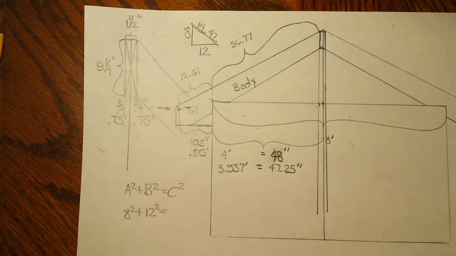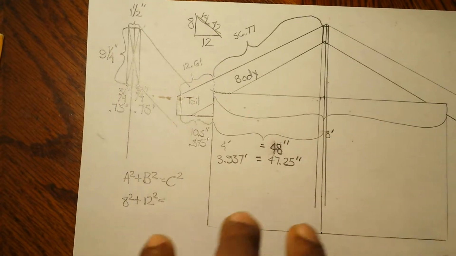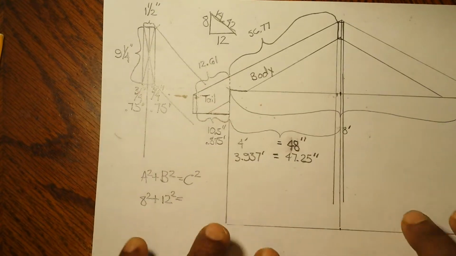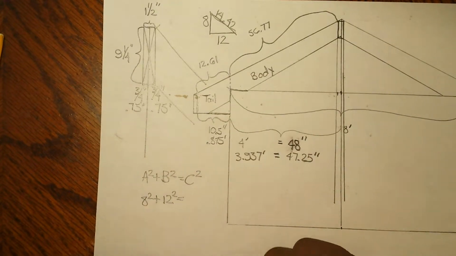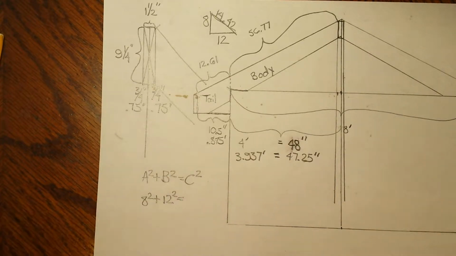So I'm going to make another video, and I'm going to continue this part that I'm doing right now. I want to show you how to do it with a framing square, and with a calculator, I think. The framing square is going to be, of course, much easier.